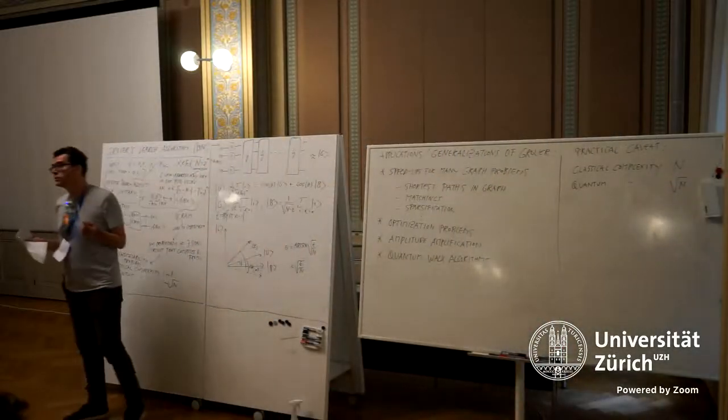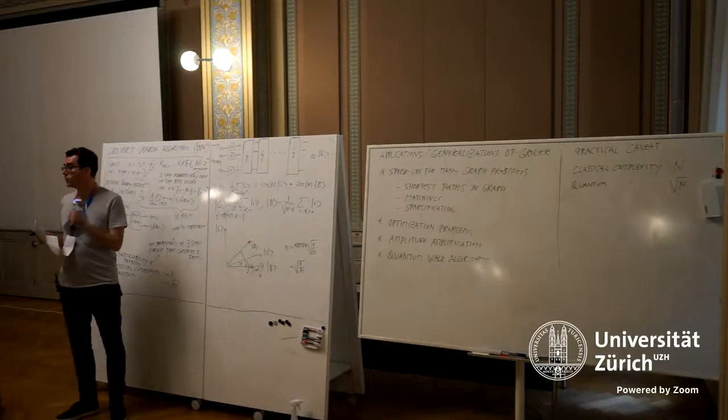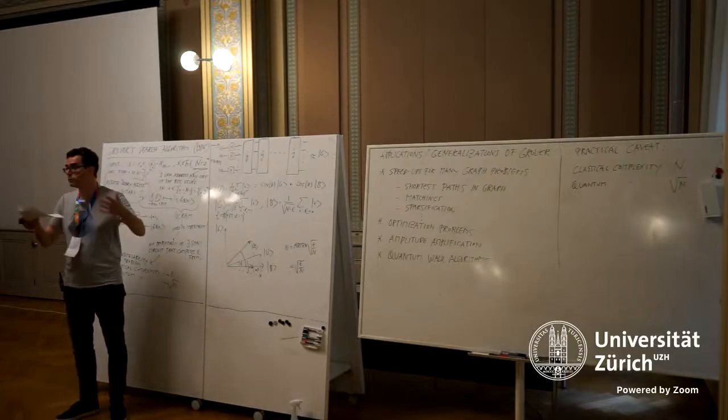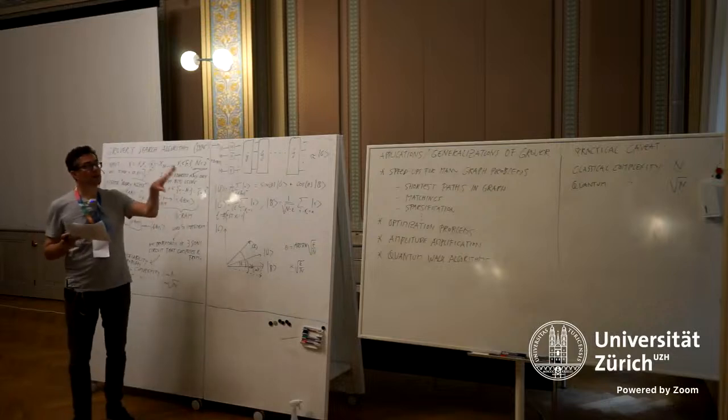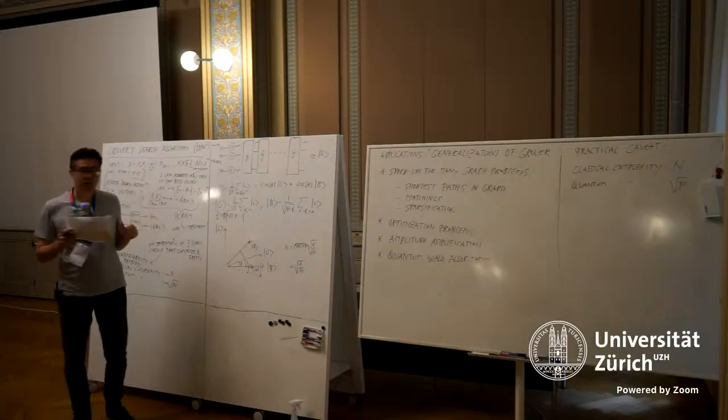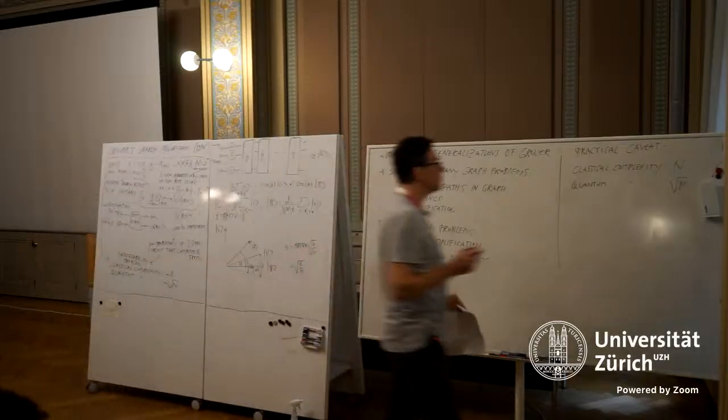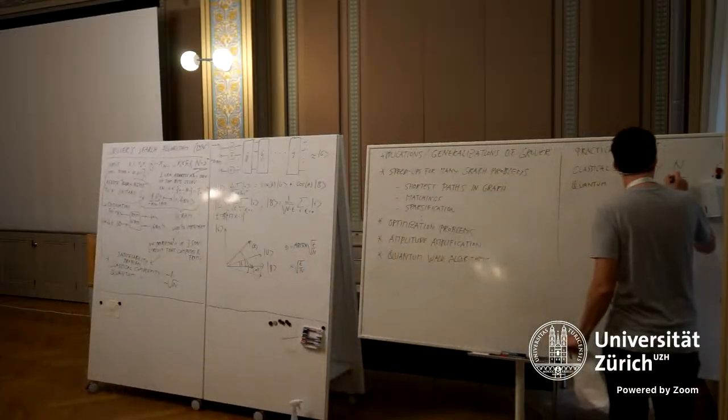But you have to take into account that quantum operations are very, very expensive, especially if you factor in the work you need to do for error correction. So this square root of n quantum complexity should be multiplied by some fairly large constant, which I'll call c here.